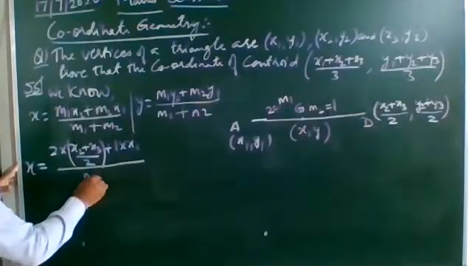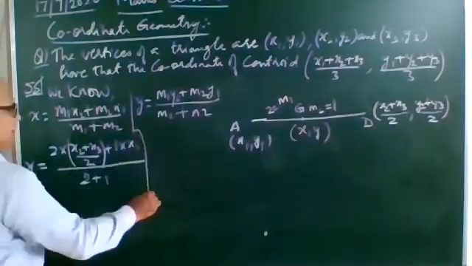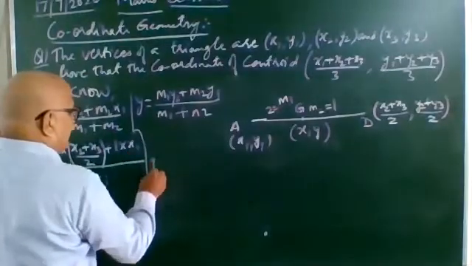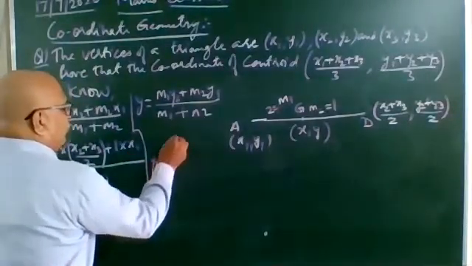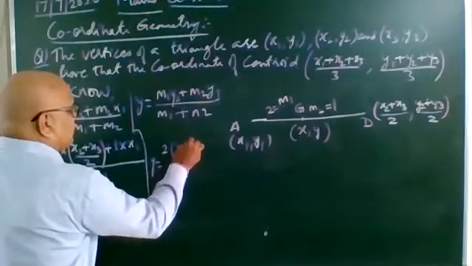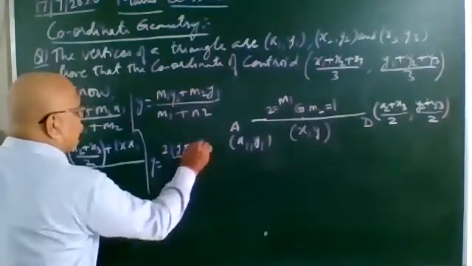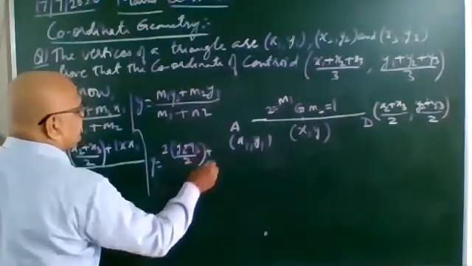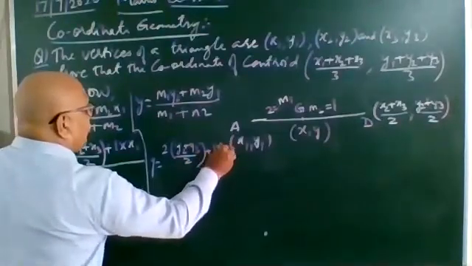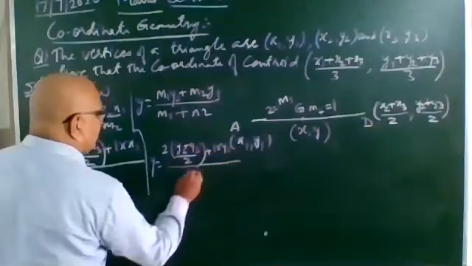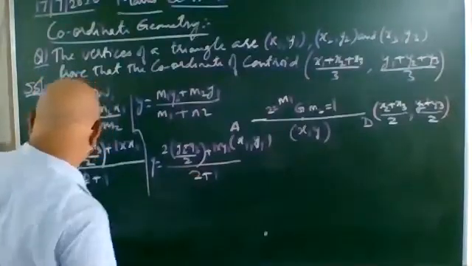You write 2 plus 1. Similarly, 2 into y2 plus y3 upon 2 plus 1 into y1 upon 2 plus 1.